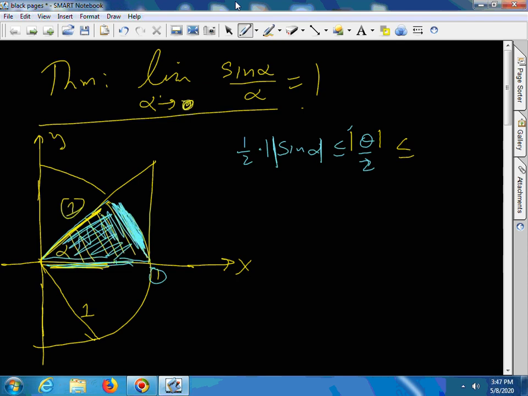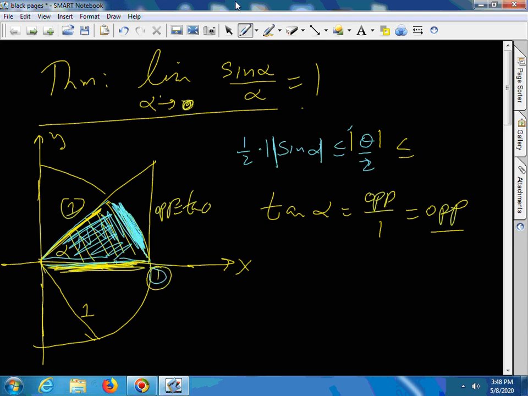Now, what is the tangent of A? Well, it's the opposite divided by the adjacent. But the adjacent is 1. That is, the opposite is the tangent of A. So let's just write that.